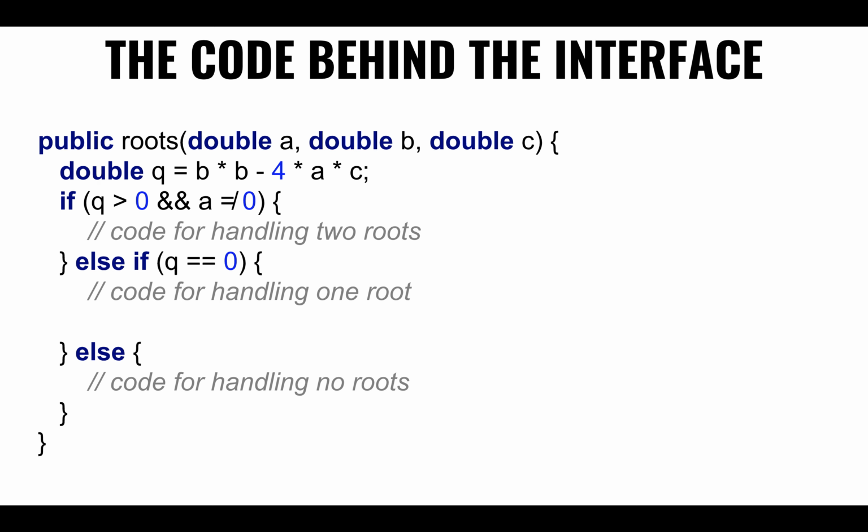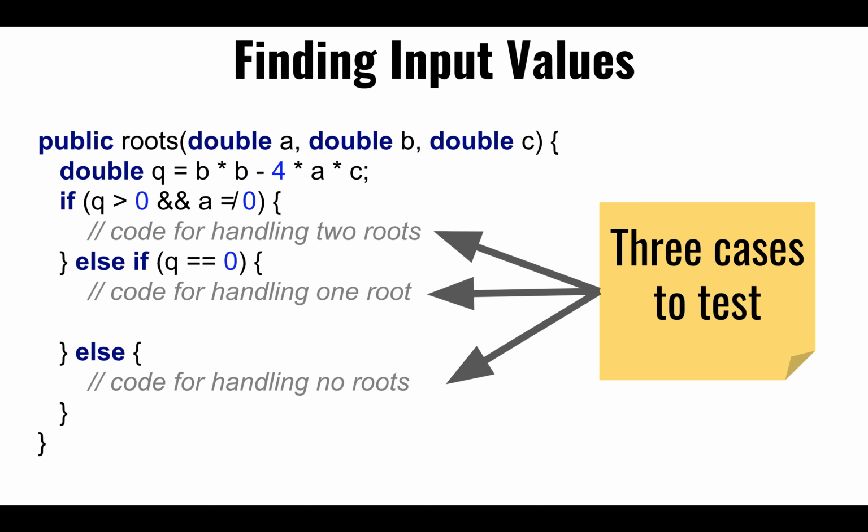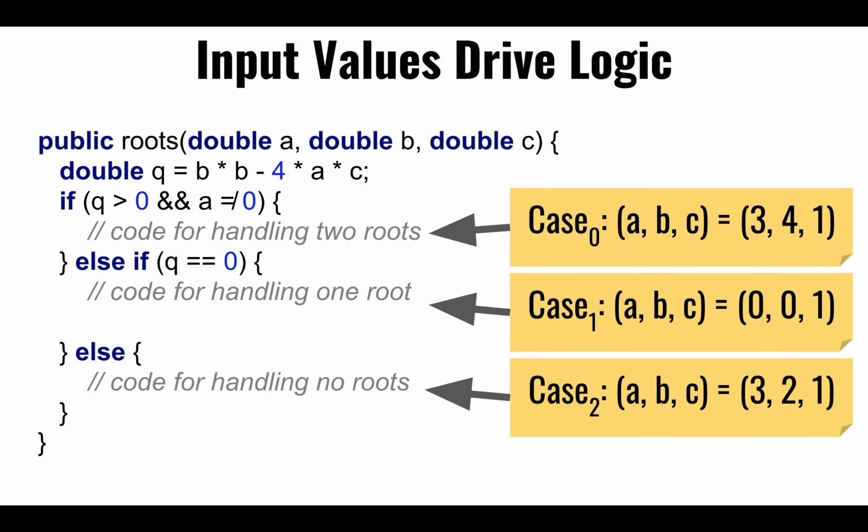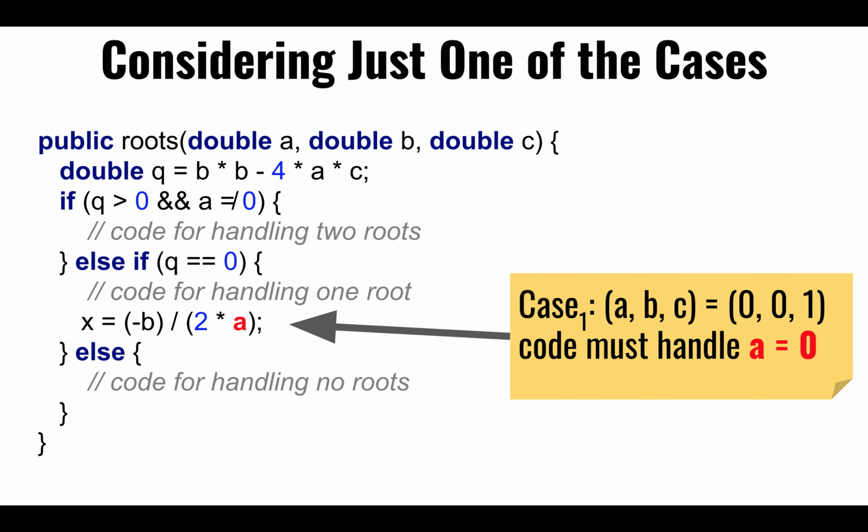Maybe the value of A has some insights that we need to take into account: A might be 0, and we might be dividing by 0. So we're going to make sure that our unit tests force our application to flow in those areas where a particular value might be of interest.